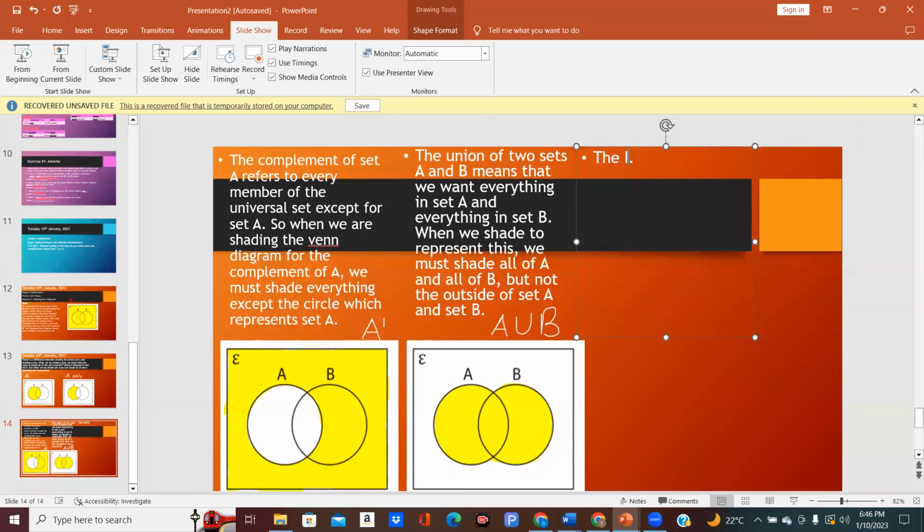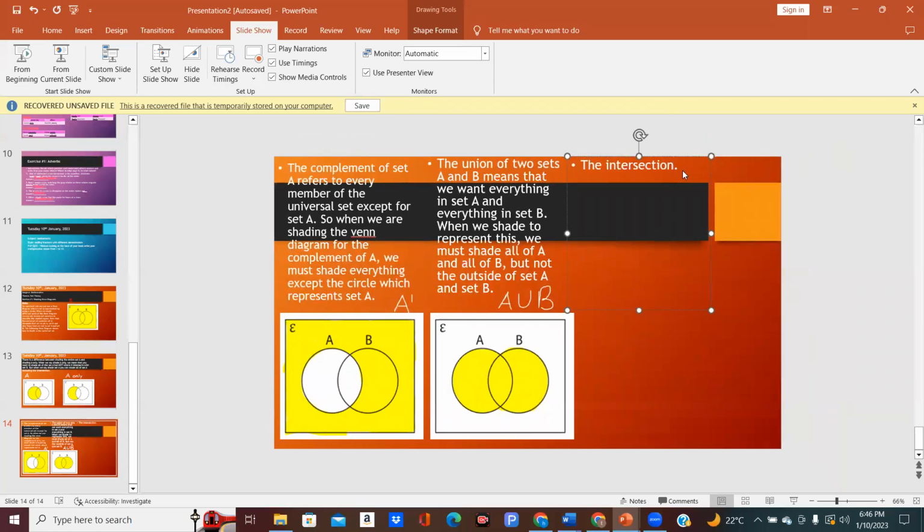The intersection of two sets means that we want the elements that these two sets have in common.